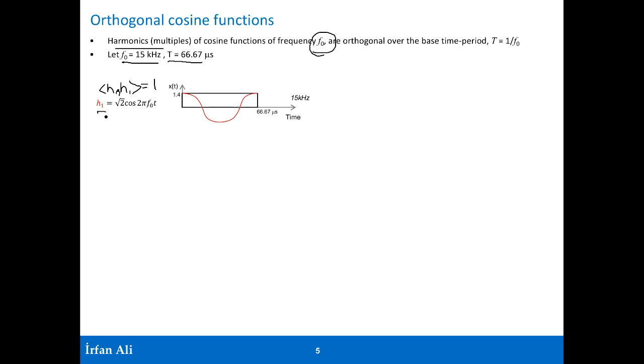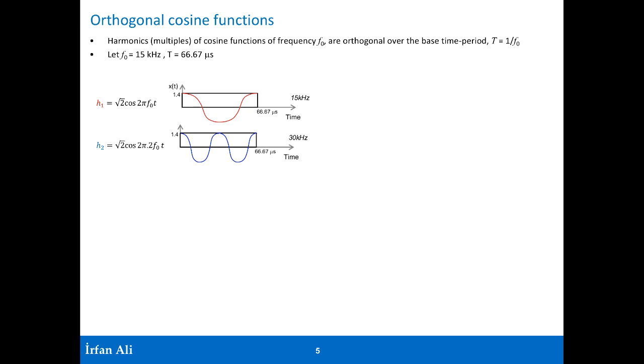So we are using this factor of square root of 2 to get the energy in each component equal to 1. The second harmonic of this function will be h2, which has two of these cosine curves within the 66.67 microseconds, then h3, which is the third harmonic.